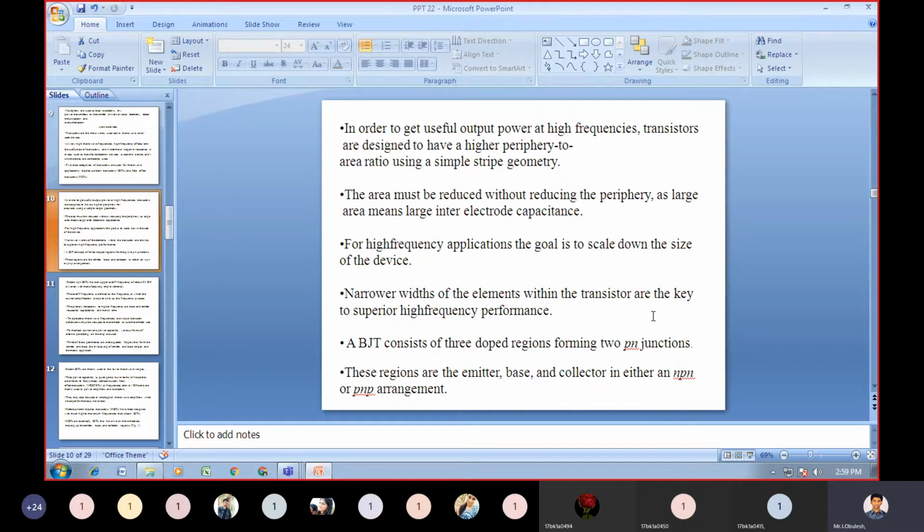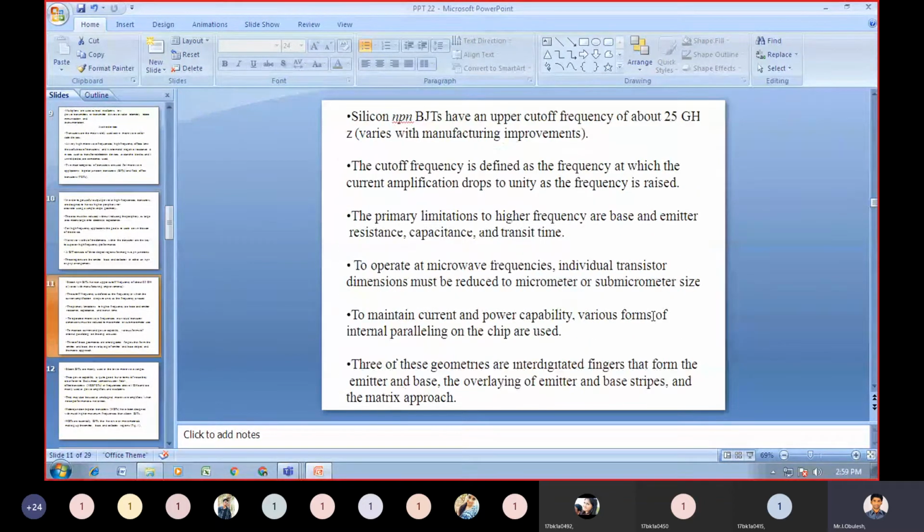These regions are emitter, base, and collector. So in either an NPN or PNP arrangement, whatever it is, we have two p-n junctions. You need to remember those concepts from the EDC subject.